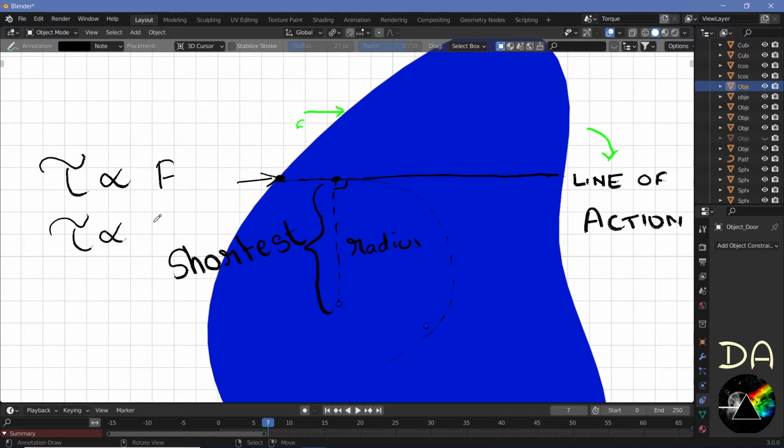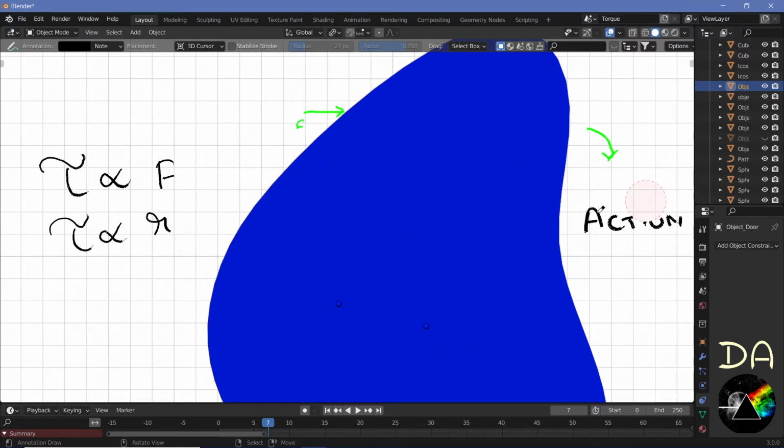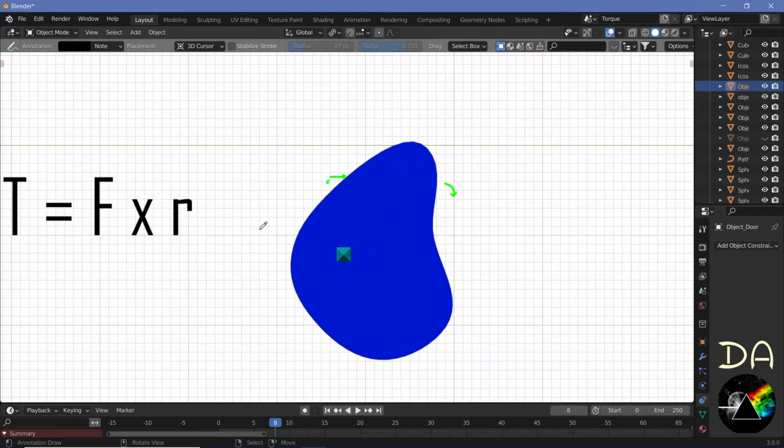And that is why torque is proportional to the perpendicular distance, which is the radius that this particular point would form as it rotates. So since we now know that torque is proportional to F and torque is proportional to r, we can finally find out what torque is equal to. And torque is equal to F into r.